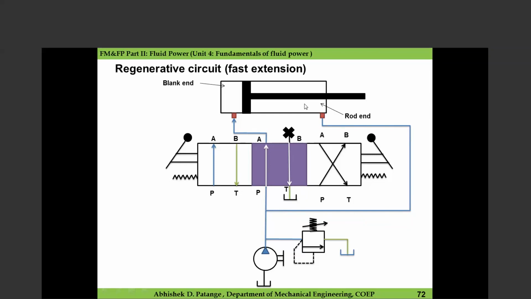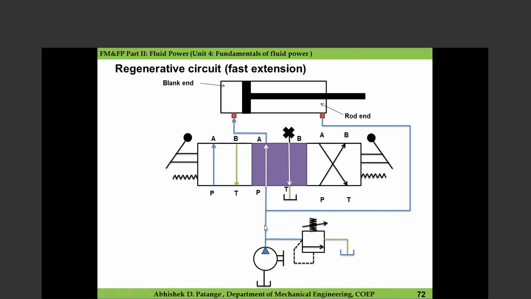Try to understand that if the cylinder is completely empty, not filled with liquid, then when you actuate this position, the liquid coming from the pump will enter from P to A and A to the blank end, and at the same time will enter from the bypass line to the rod end.